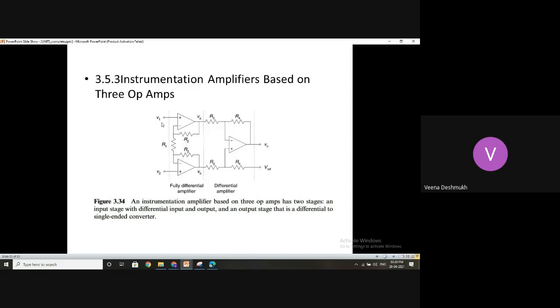That means both the signals V1 and V2 are amplified equally, and your input resistor is also common here, so that whatever impact of self-heating or any other resistance related issues or noise generated is applied equally to both the op amps. So when it is applied equally, whatever addition or subtraction is happening, it is happening with both the stages or both the inputs which you are giving here.